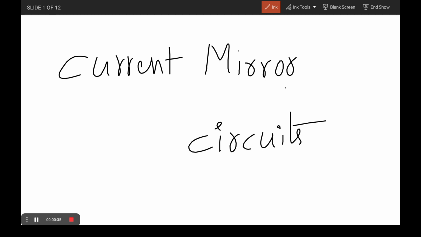I think all of you have some basic idea of what is meant by a current mirror circuit, and how it is connected. That is some basic analysis. So let us see. I think all of you are familiar here.